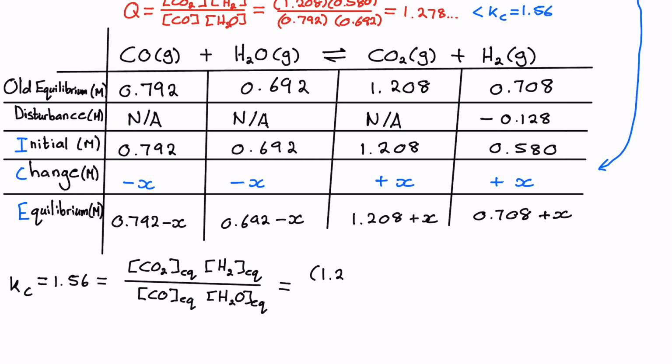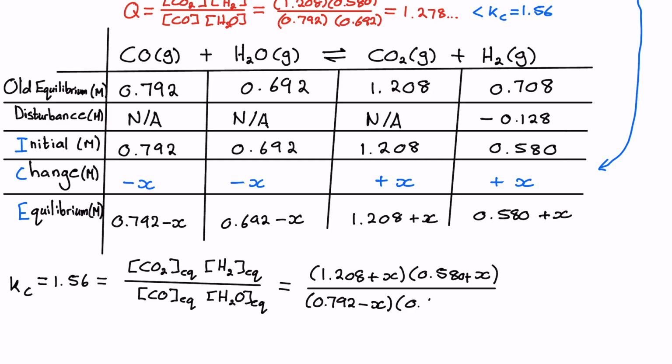I'm putting in those values, 1.208 plus x, 0.58 plus x, and you can technically say, sorry, I think I made a writing mistake here, 580, oopsie, I don't know why on earth I did that, 580 plus x, and at the bottom here, 0.792 minus x, 0.692 minus x.